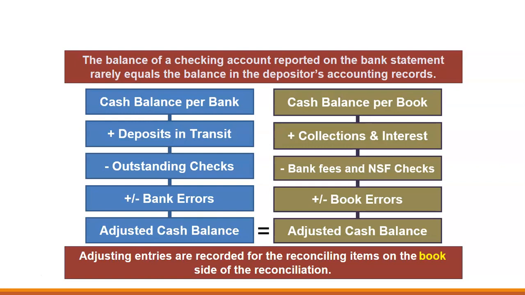And so once we've done the bank reconciliation, we then record journal entries or adjusting entries to bring our accounting records up to what the cash balance is. Like we would need to record that we had earned interest that the bank had given us, to add that to the cash account in our accounting records.